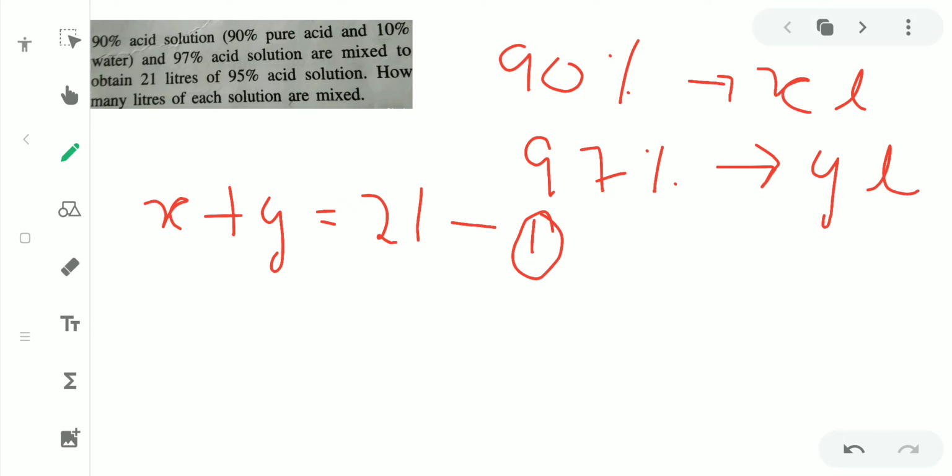So the second case is 90% acid solution and 97% acid solution are mixed to obtain 21 liters of 95% acid solution.